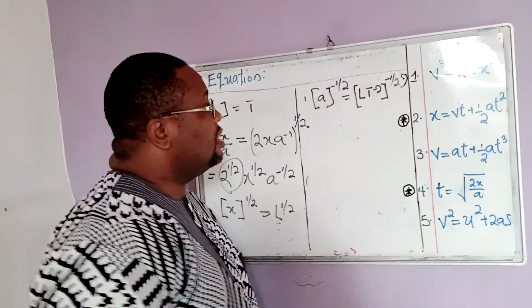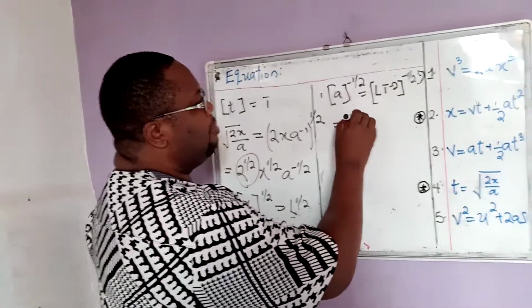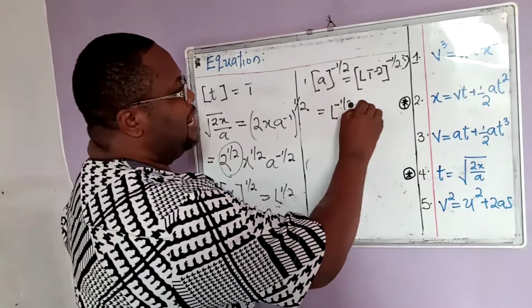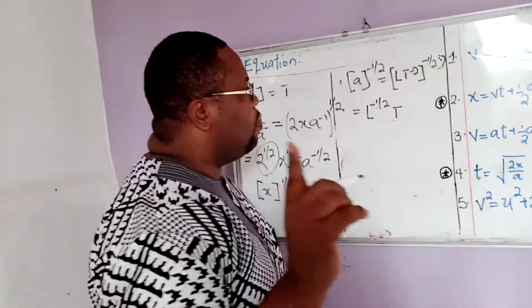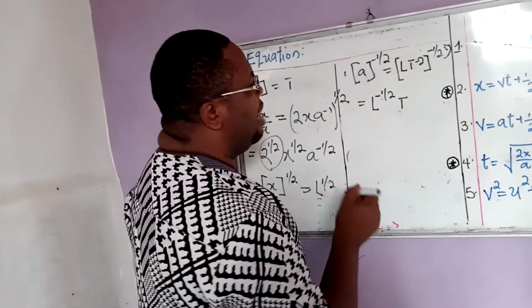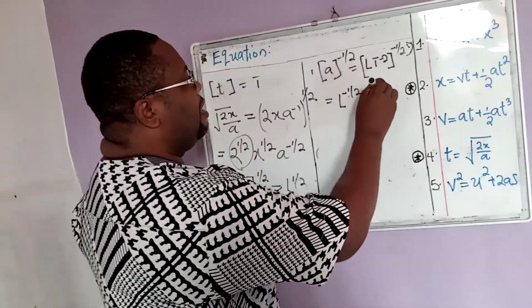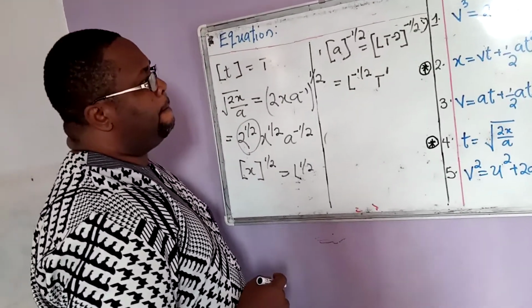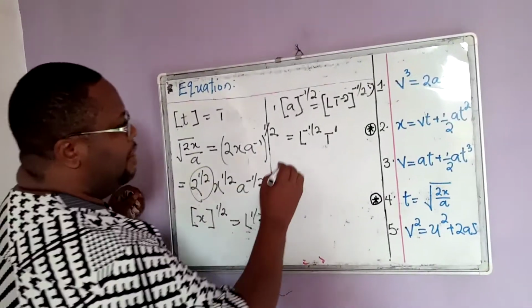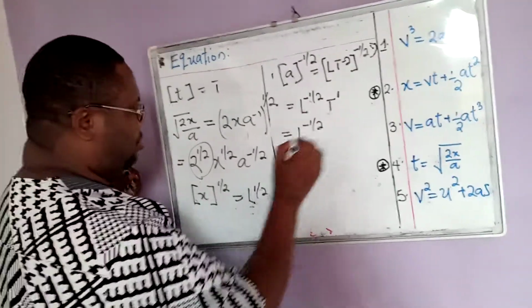I hope you understand. Okay, good. This becomes L^(-1/2), and T^-2 times minus half gives me 1, so I have T to the power 1. Beautiful.